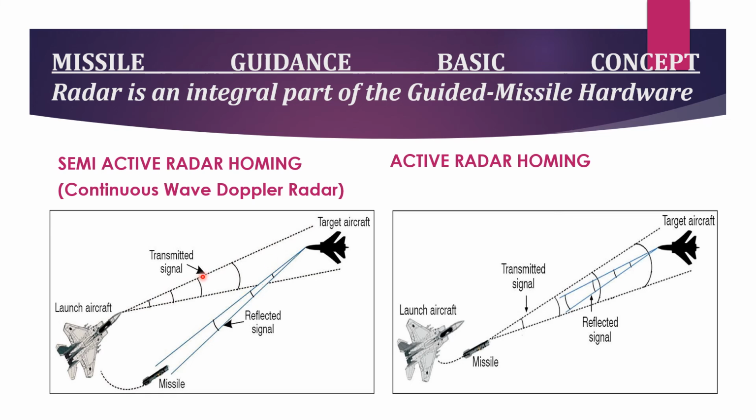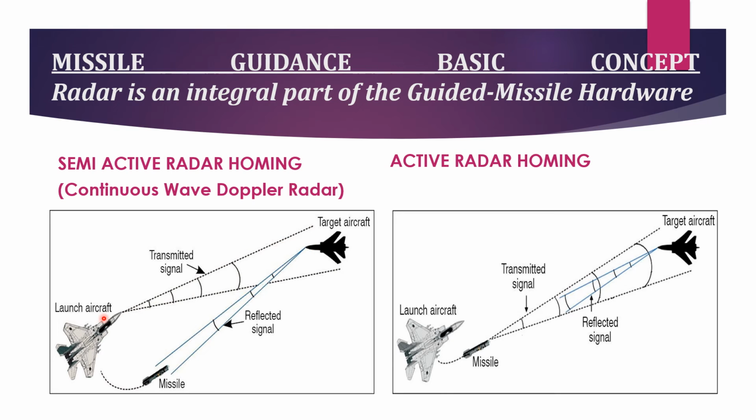And after illuminating the target aircraft, the fire control radar has a small radar transmitter which generates a very narrow beam of electromagnetic energy, which is particularly selective towards the target only.